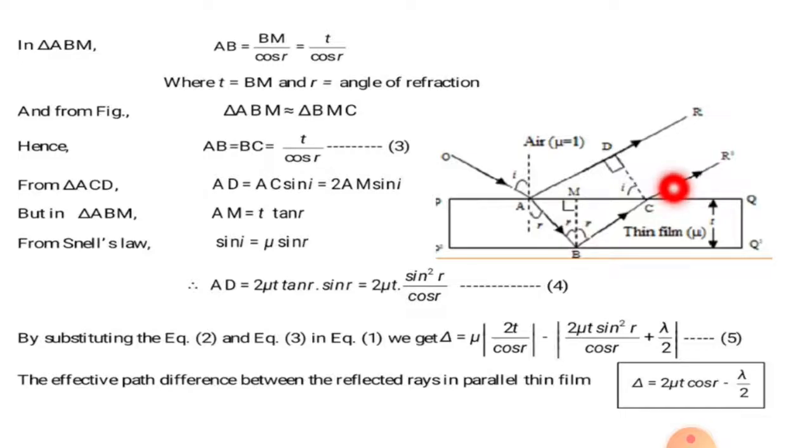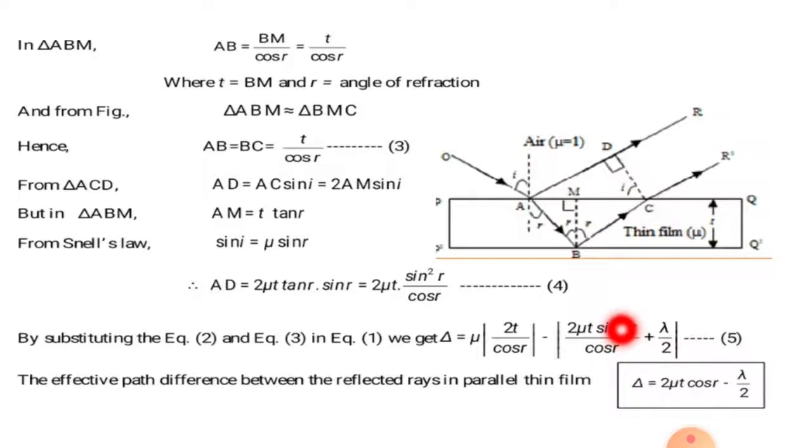Now we find the conditions for bright and dark fringes based on the path difference. Before that, consider the case of normal incidence.